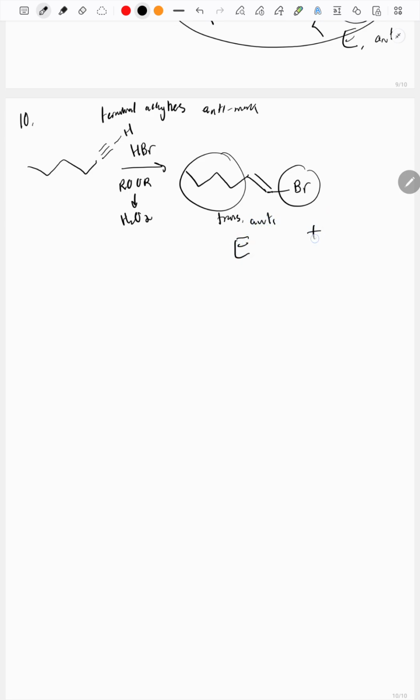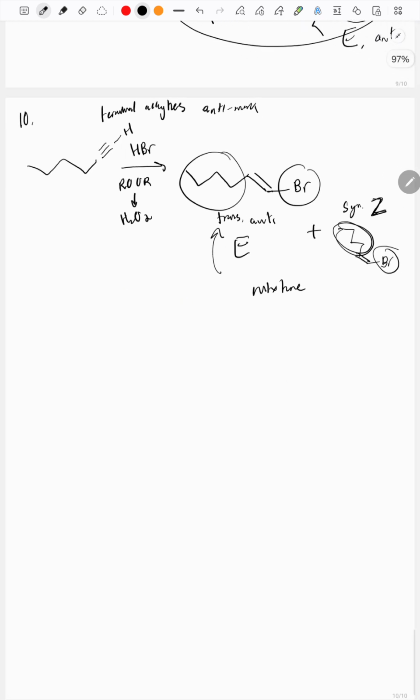But we could also get syn addition, which stands for Z, and this will basically look like this, with 1, 2, 3, 4 syn because they're both on the same side. We get a mixture, probably favoring trans as we mentioned earlier because of less clashing of the sterics of substituents.